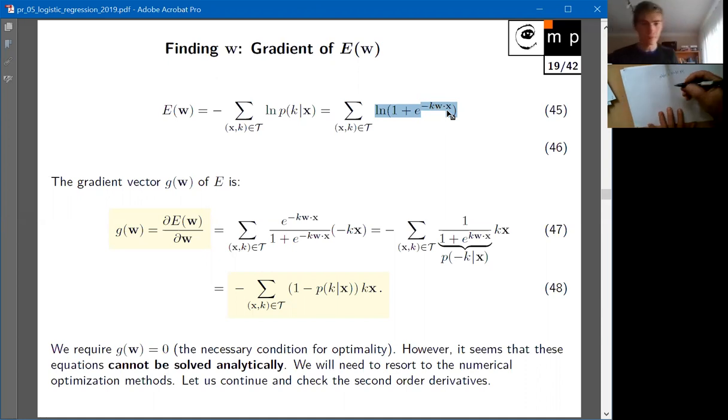So it's clear that if you take the derivative of w x with respect to, say, w j, what is this?